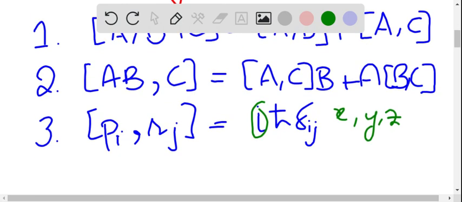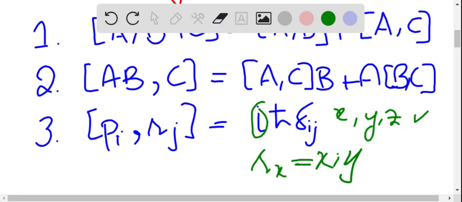And from here we get that, because we have p sub i and r sub j, r sub x would be equal to x, r sub y would be equal to y, and similarly r sub z would be equal to z, right?